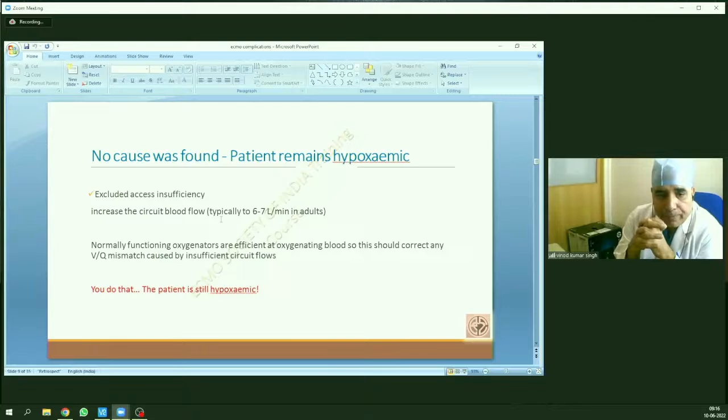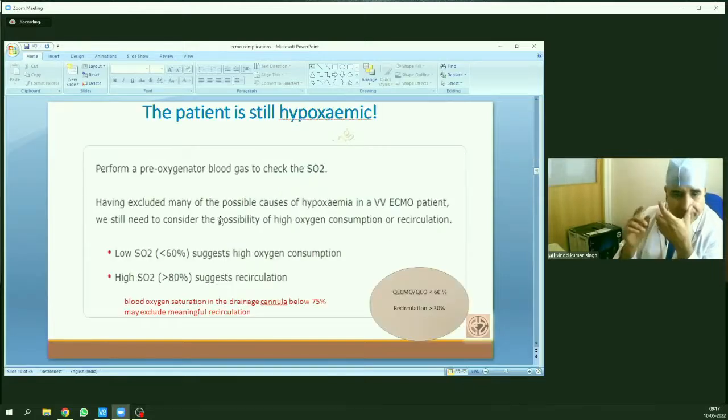If the hypoxemia is not getting corrected and your patient is still hypoxemic, then we have to find out whether there is overutilization of oxygen by the body due to sepsis or hypothermia or many other causes, or there is some problem in the mixing of oxygenated and deoxygenated blood. And how to fix this problem?